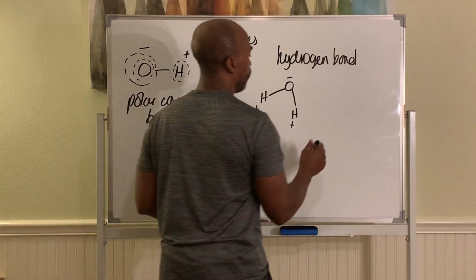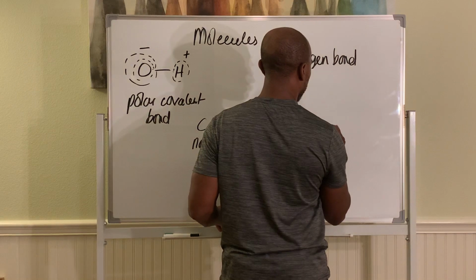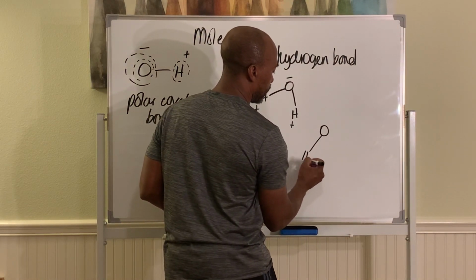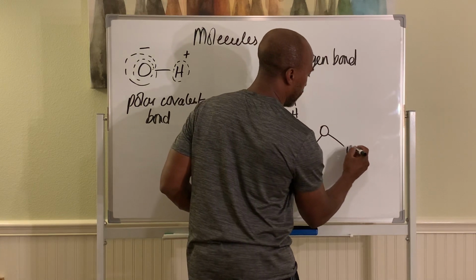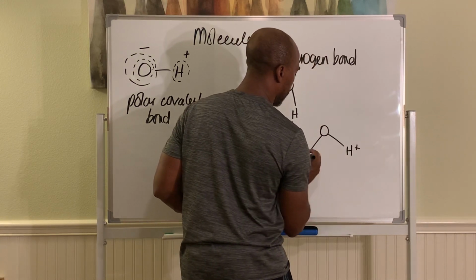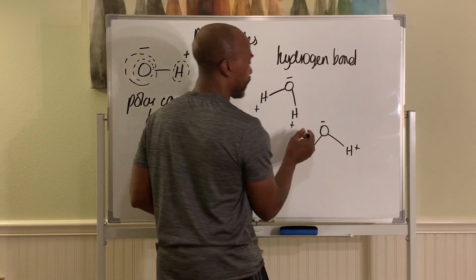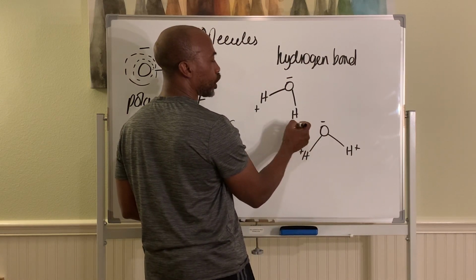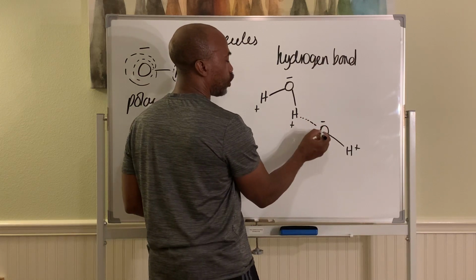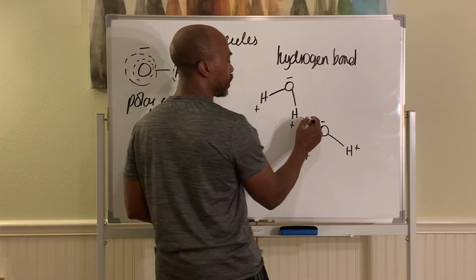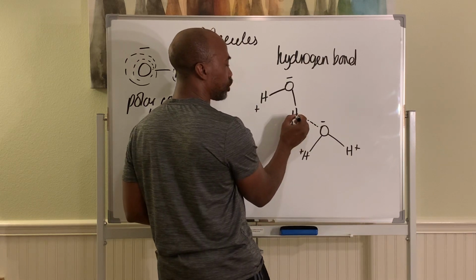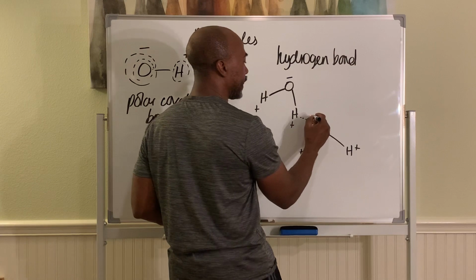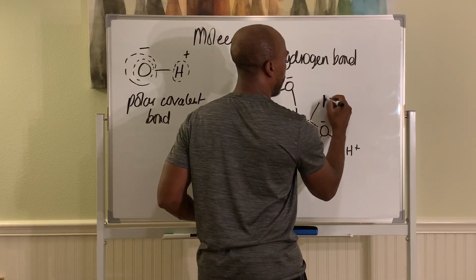If you have another water molecule in the vicinity with the same polarity, pluses here, negatives here, these two will attract each other based on the opposite charges, normally indicated by a dashed line. This dash bond between the polarized hydrogen and the polarized oxygen is called a hydrogen bond.